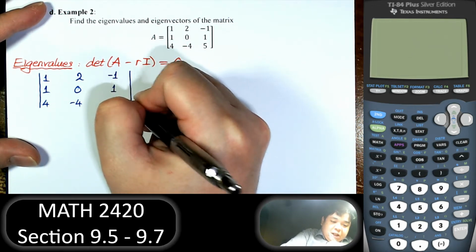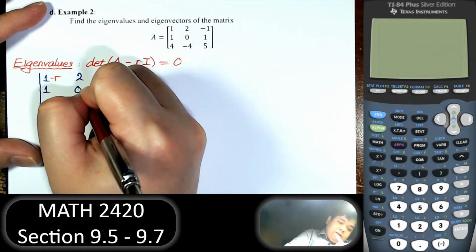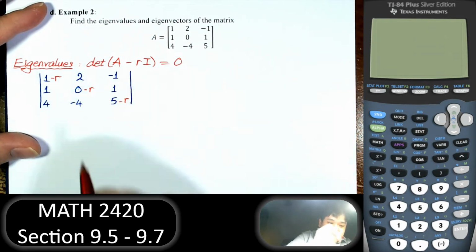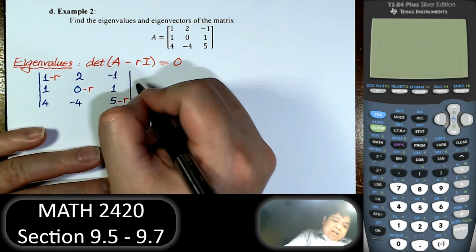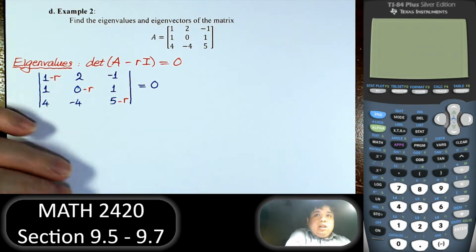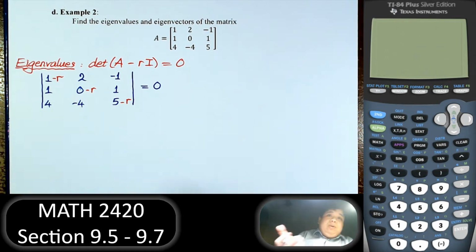That matrix, yes, but we have to subtract r on the diagonal. That is essentially A minus rI. And the determinant of that has to be equal to 0. So this is the characteristic equation. Just the matrix, subtract r on the diagonals, find the determinant equal to 0.